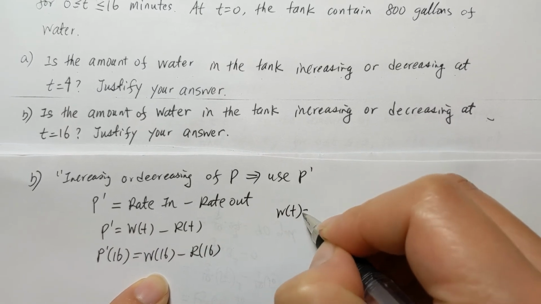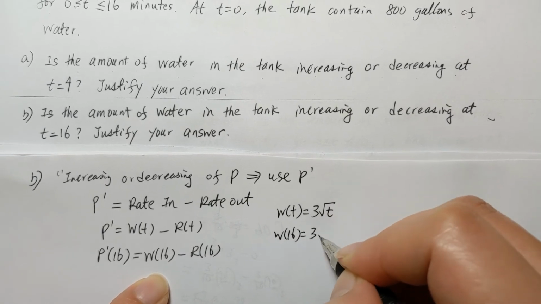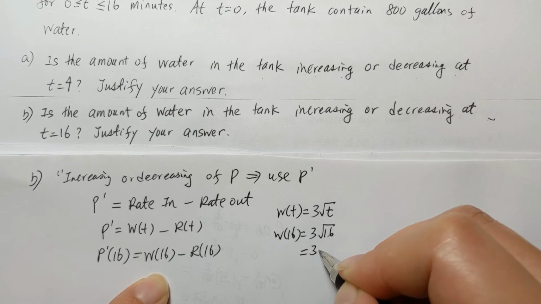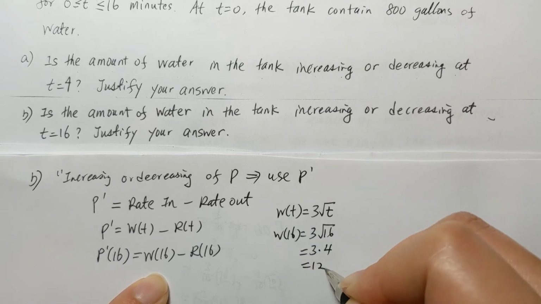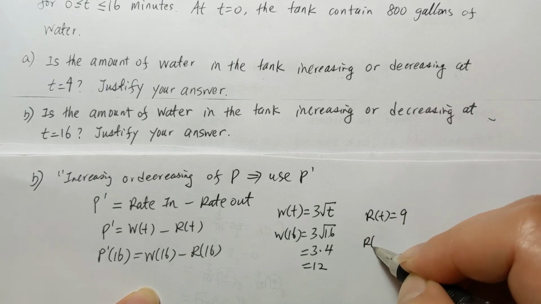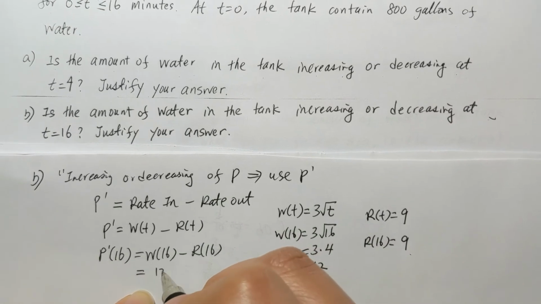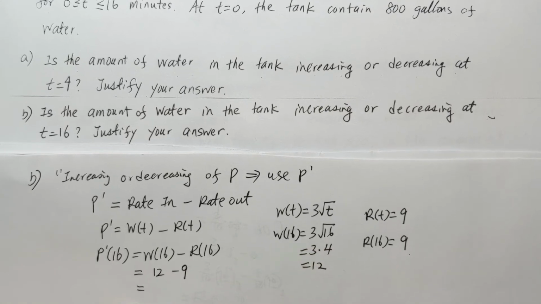W of t equals 3 square root t, so W of 16 equals 3 times square root 16, so 3 times 4 equals 12. And R of t equals 9, so R of 16 is still equal to 9. It's a constant. So we got 12 minus 9 equals 3.